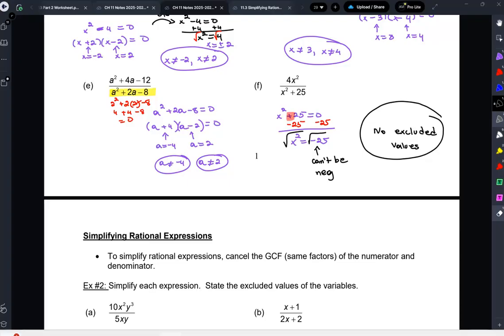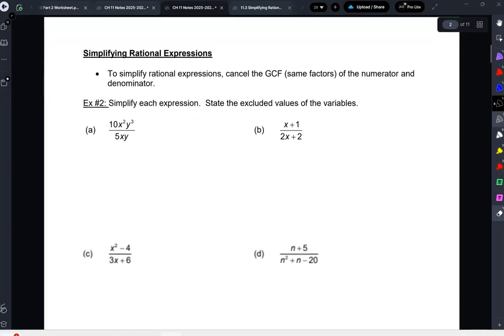Now let's go to simplifying rational expressions. So now we're going to add to this.